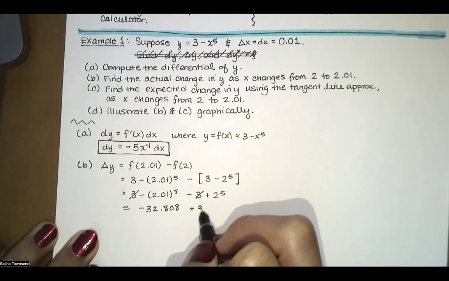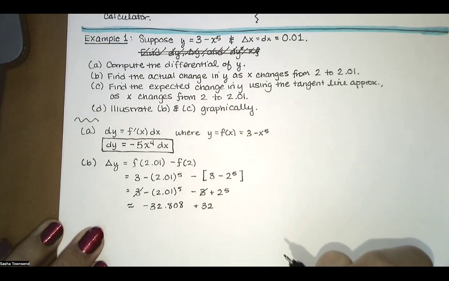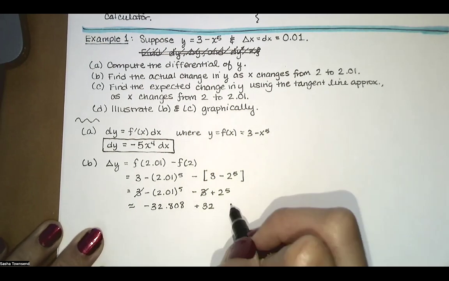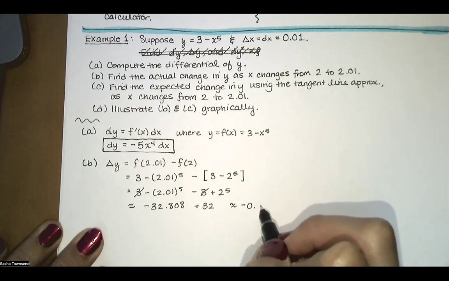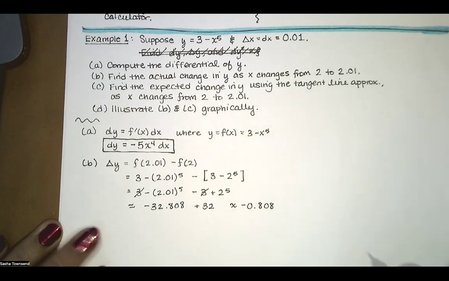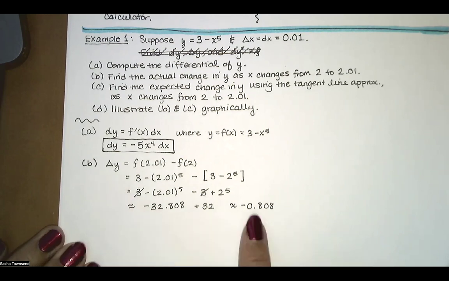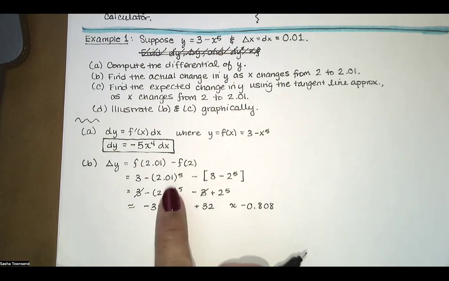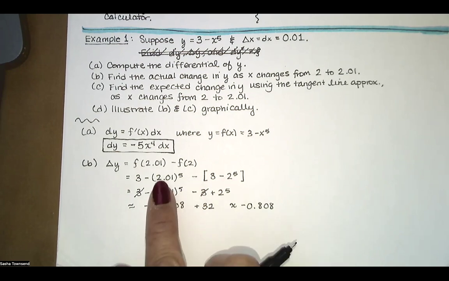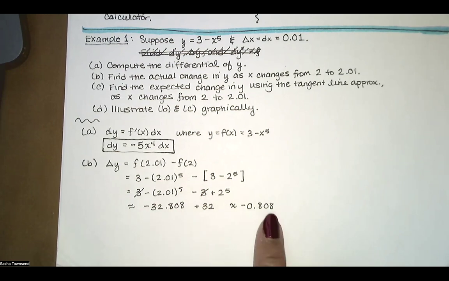Plus 2 to the fifth, which is 32. So my actual change in y is approximately negative 0.808. It looks like my y values are actually decreasing, and as I'm going from x equals 2 to x equals 2.01, my y values are decreasing by approximately negative 0.81.